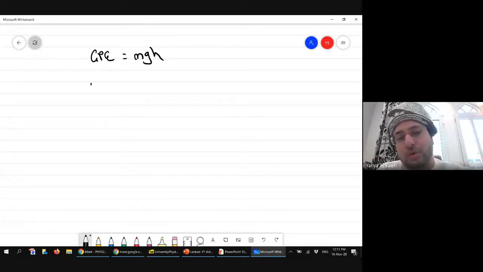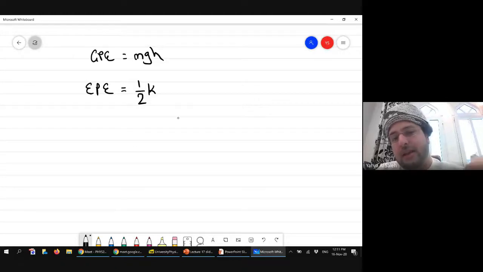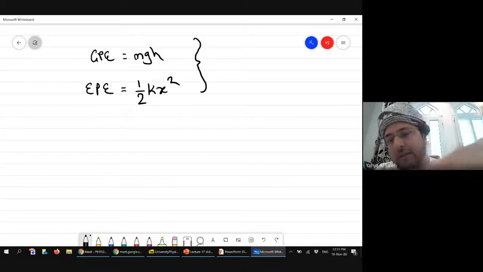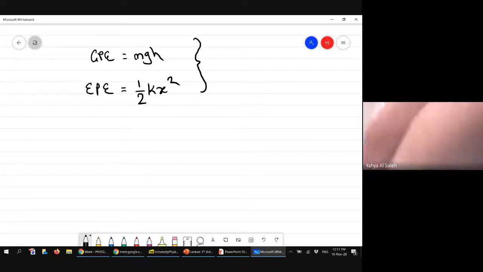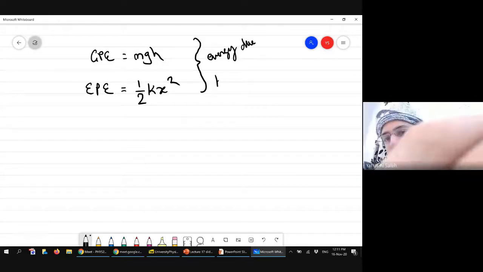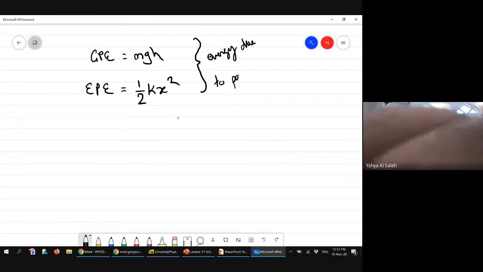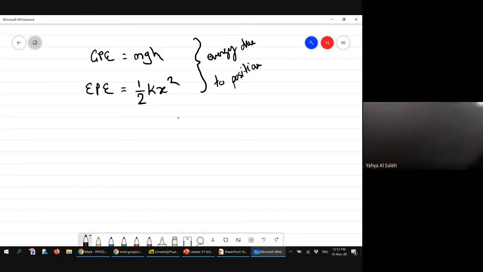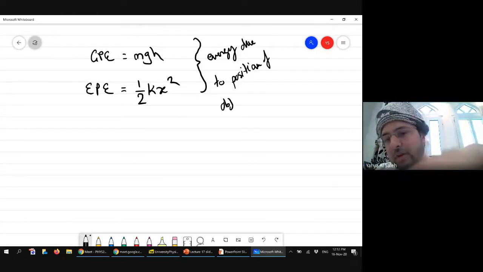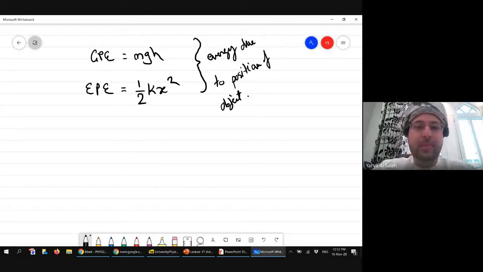We also spoke about elastic potential energy, and we defined it to be half kx squared. And in either case, this was defined as energy due to the position of the object. We spoke about reference levels.